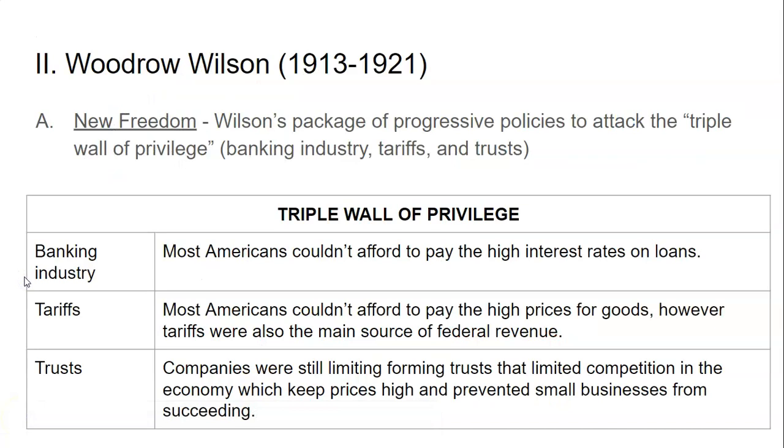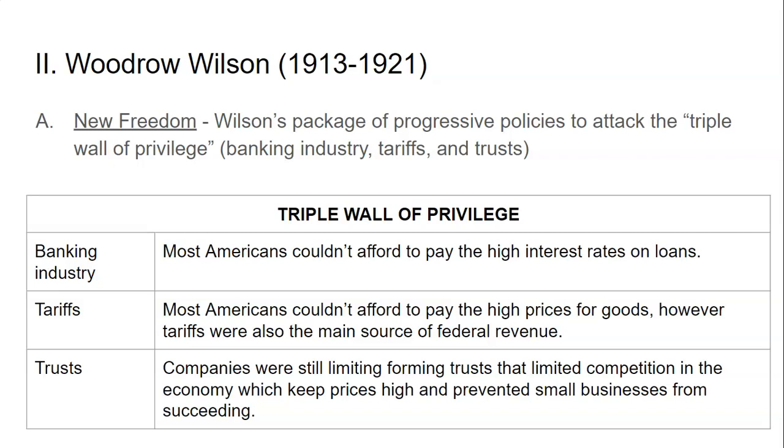So Woodrow Wilson's domestic policy package of progressive reforms is known as New Freedom, where he's going to try to tackle what he called the triple wall of privilege. That included the banking industry. The idea here is that most Americans couldn't afford to pay high interest rates on loans that they were taking out.